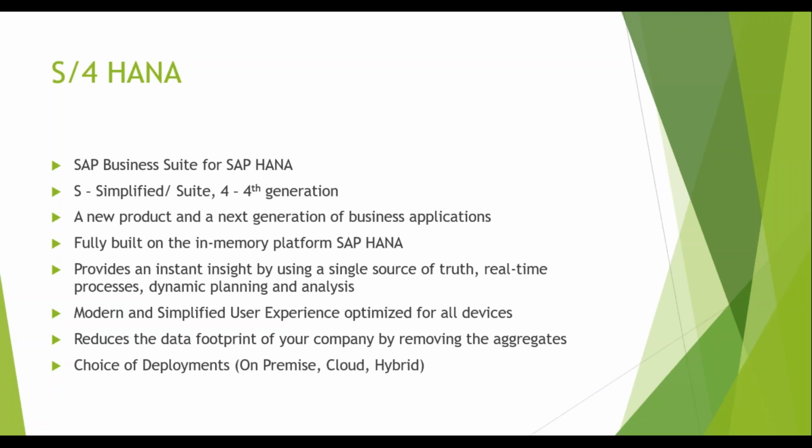But now we have a single source of truth, which means one common table which is going to store all the information at one place. So from an accounting point of view, we have a table called ACDOCA, which is also called the universal journal table because it is going to store all the information at one place. What is the benefit?